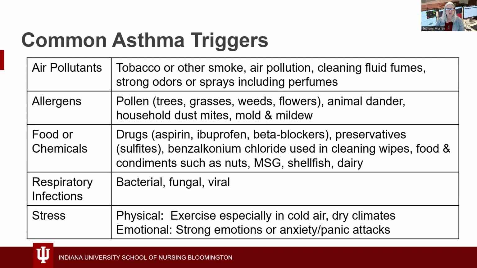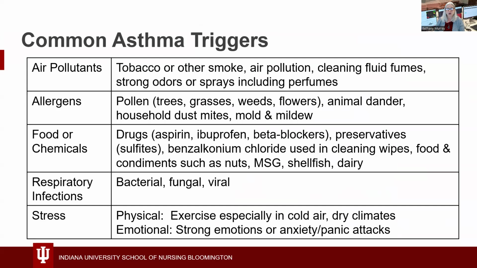It can be animal dander, dust mites, mold, mildew. Some asthmas can be triggered by foods or chemicals like medications, preservatives or sulfites, benzalkonium chloride used in cleaning wipes, food and condiments, MSG, monosodium glutamate, shellfish, dairy.